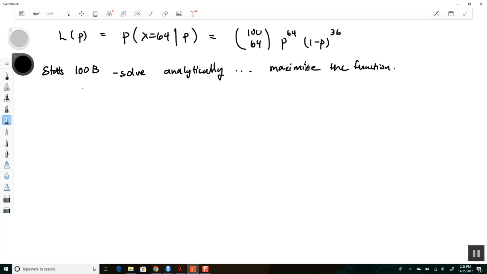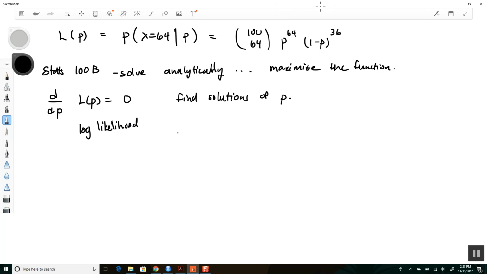You would find the derivative of our likelihood function, set it equal to 0, and find solutions for p. It turns out this is pretty hard to do, so you often deal with the log likelihood, so you don't have to deal with powers.